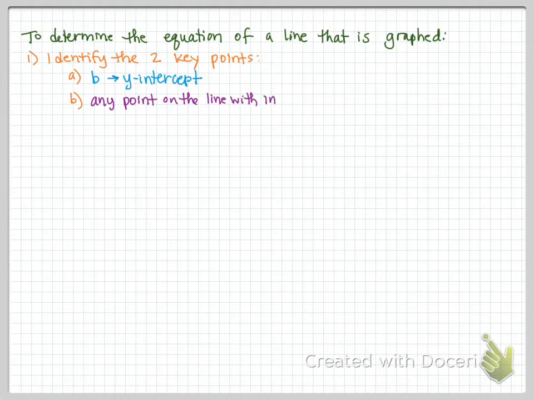So that means whole numbers and their opposites. So no fractions, no decimals, because that would just be estimating, but we can have positives and negatives. Okay? All right, so those are the two things. So we're going to identify the two key pieces. Okay?